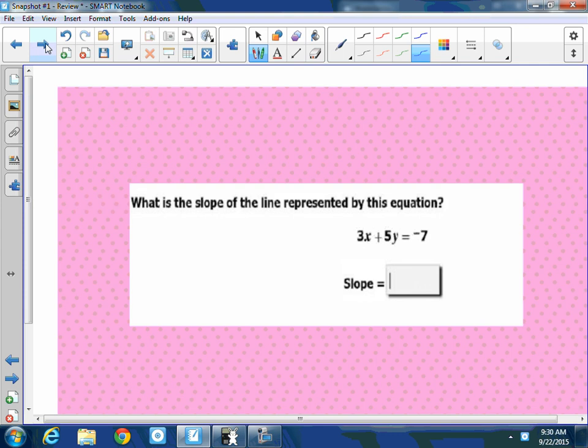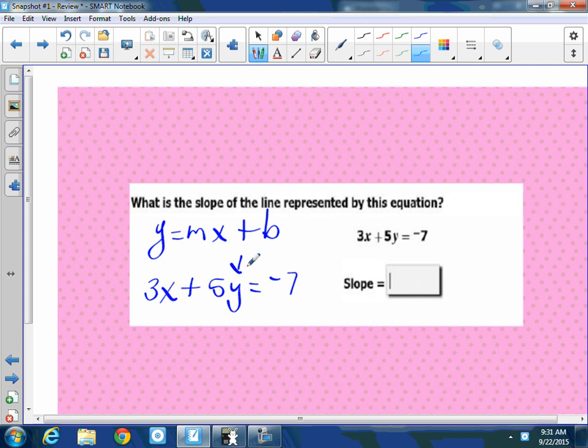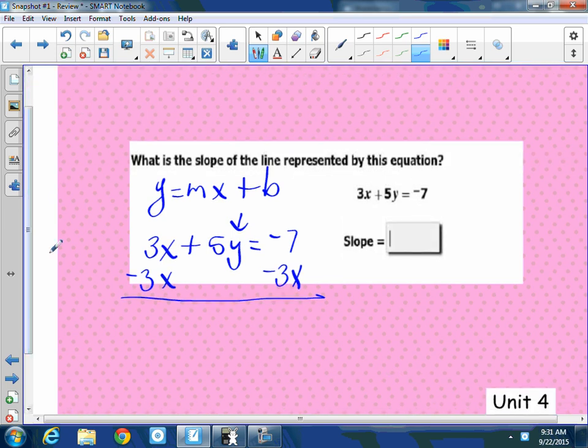Stop and try. What is the slope of the line represented by this equation? So for slope, I have to change it to slope-intercept form. 3x plus 5y equals negative 7. I have to isolate y, which means I have to get rid of the 3x. Minus 3x. That would be 0.